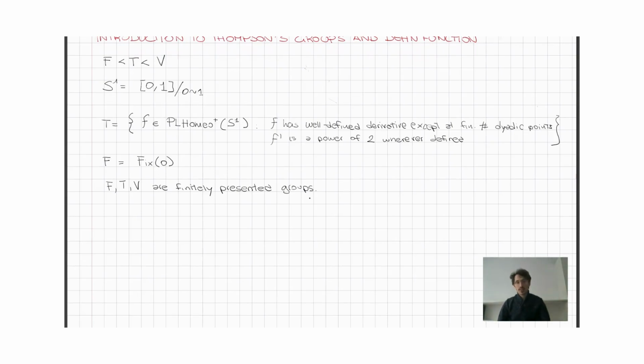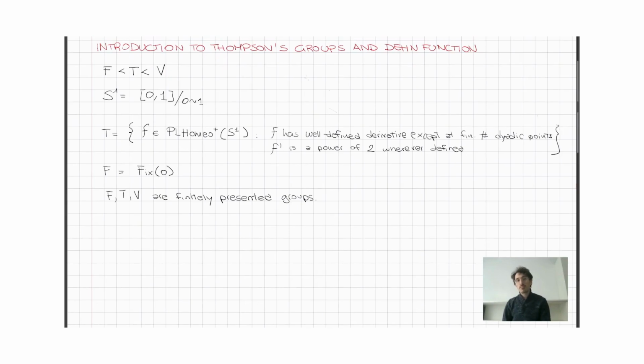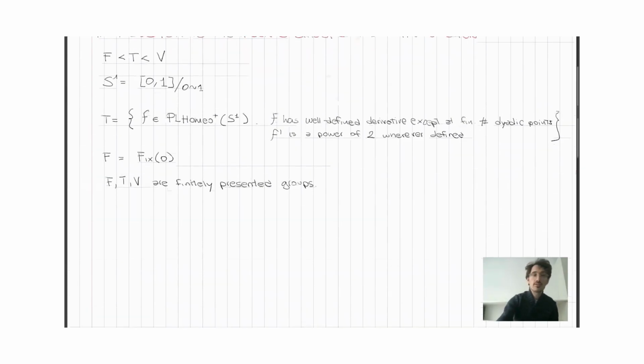Which leads us to the definition of the Dehn function, because the Dehn function is a quite important quasi-isometry invariant that is defined for finitely presented groups. So since these three groups are quite studied since their definition, it's interesting to also understand the Dehn function as an invariant.